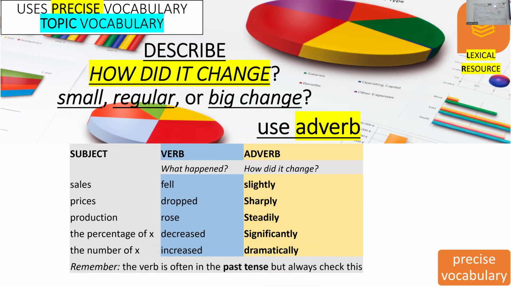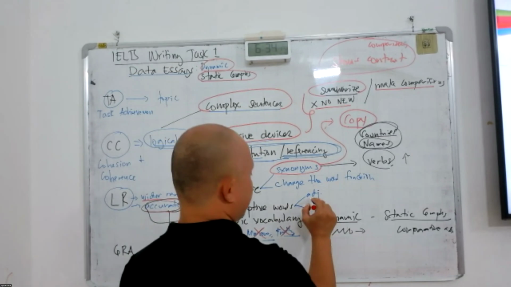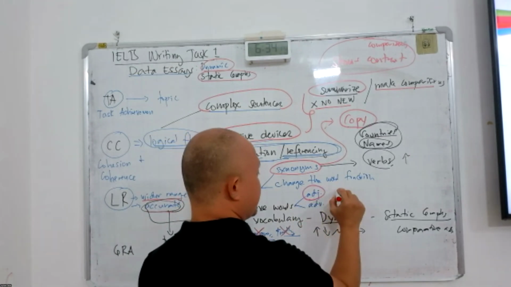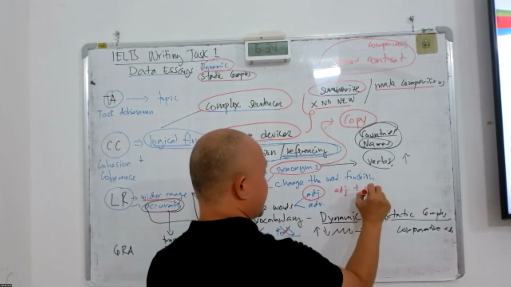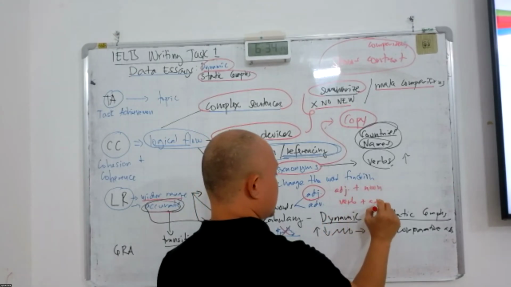If you check here, we are now in Lexical Resource. There must be an effective use of adjective and adverb. For adjective, it must be adjective plus noun, and for verb, it must be verb plus adverb.